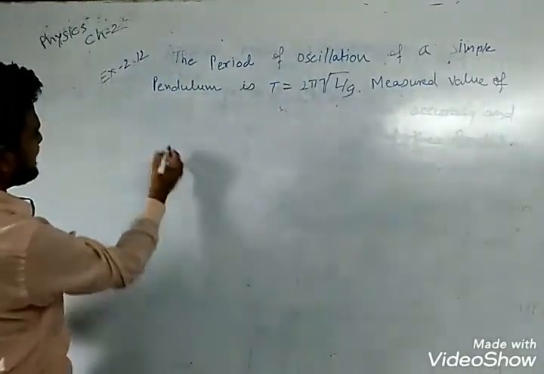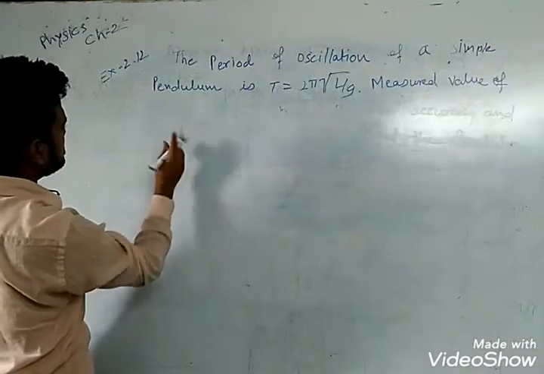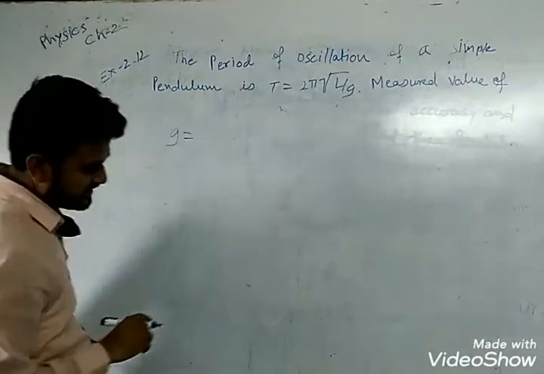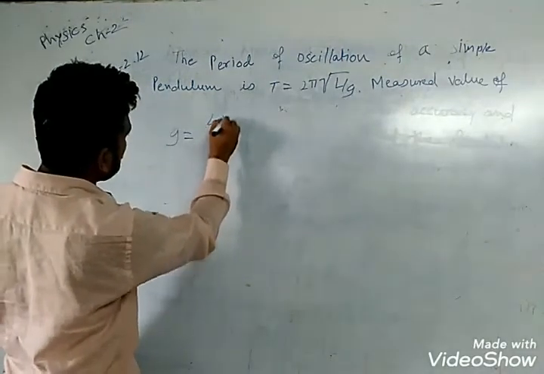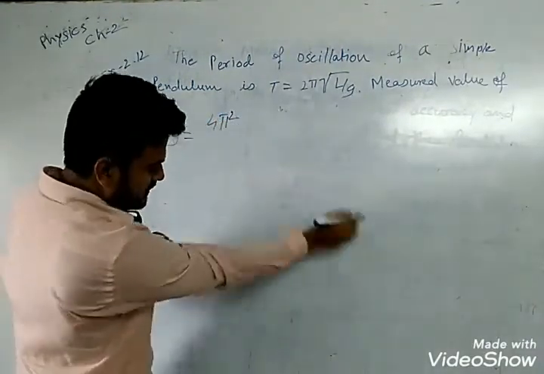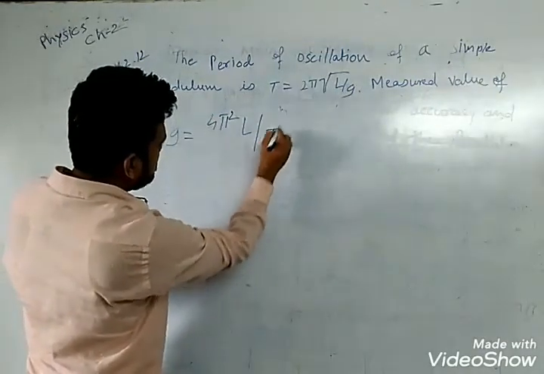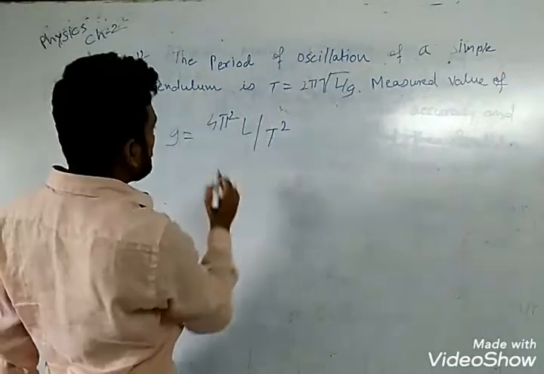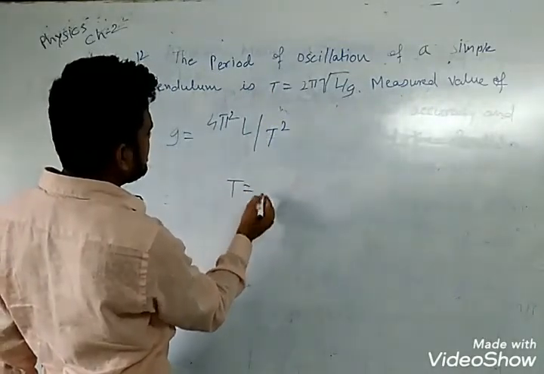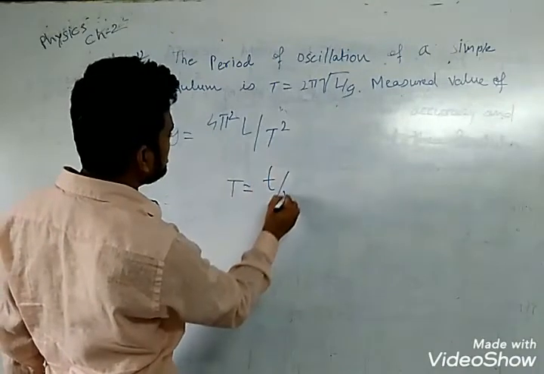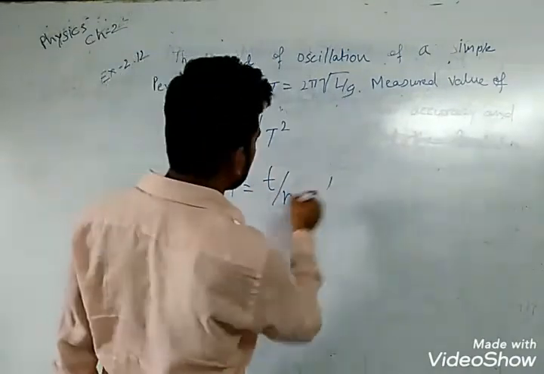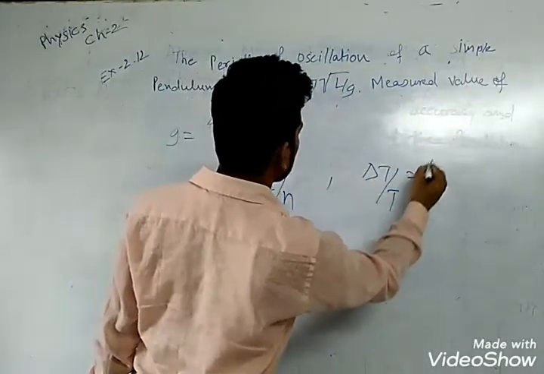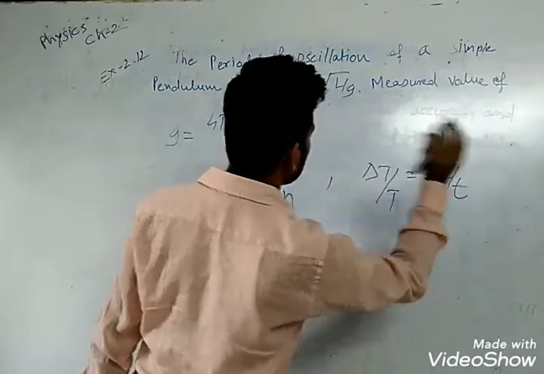So first here we write the equation G is equal to 4 pi square L upon T square, where T means period of oscillations. Here we know that small t upon n, or in this case delta T upon T, is equal to delta t upon t.